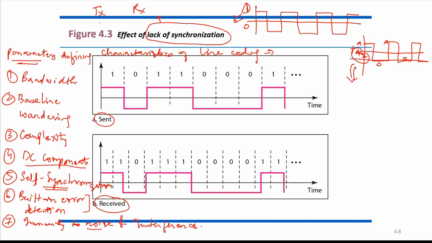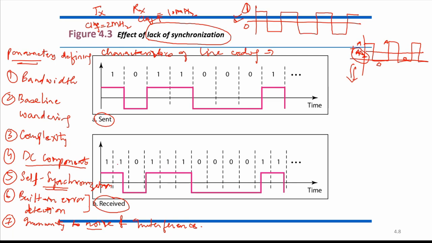Suppose the transmitter clock frequency is 2 megahertz, and the receiver clock frequency is 10 megahertz. If they have different clock frequencies, then this type of error can occur.